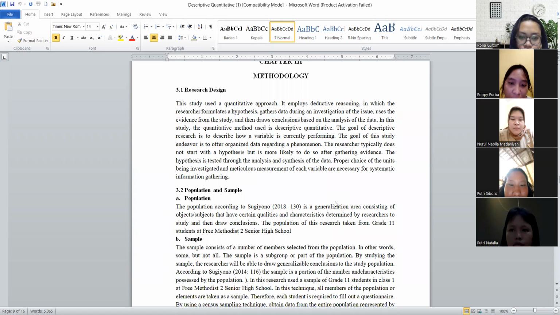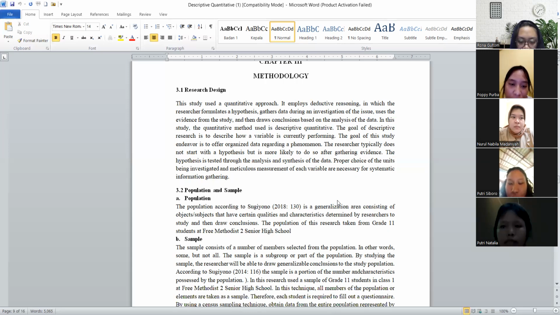The goal is to describe how a variable is currently performing. The goal of this research endeavor is to organize data regarding a phenomenon. The researcher typically doesn't start with a hypothesis, but is more likely to do so after gathering evidence.